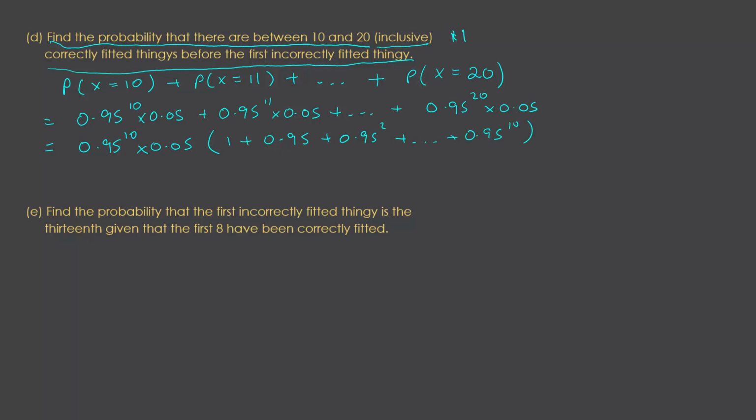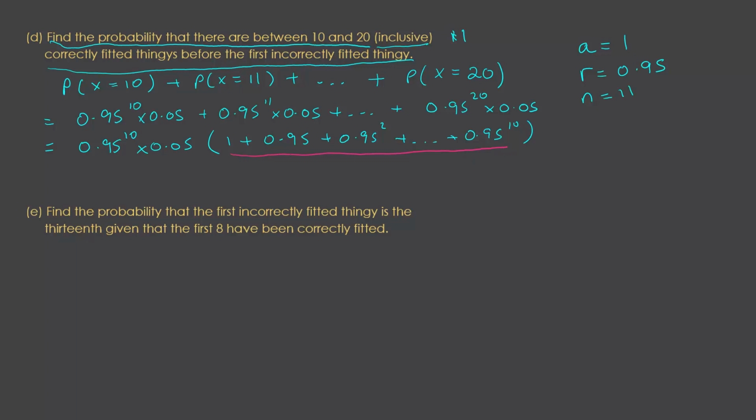And what we have here is a geometric series. That geometric series has a first term of 1, and r is equal to 0.95, and it has 11 terms.